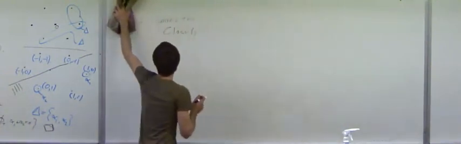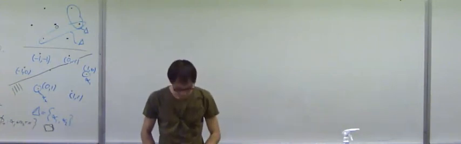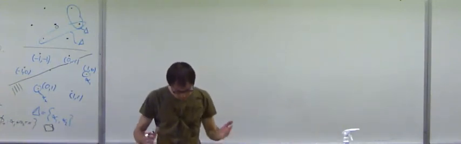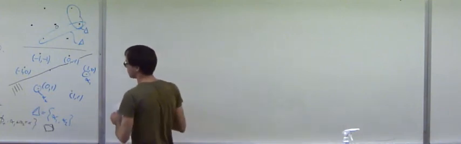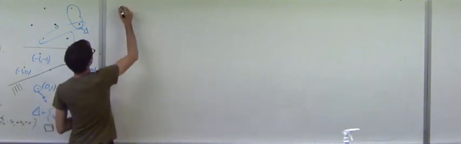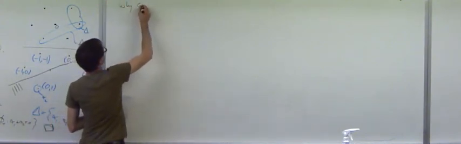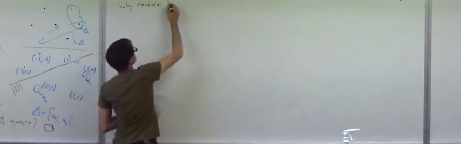So it turns out that each root system has a basis. It has a base, sorry. These words are a bit confusing. Of course, each root system has a basis, but even each root system has a base. So why would we consider such bases?